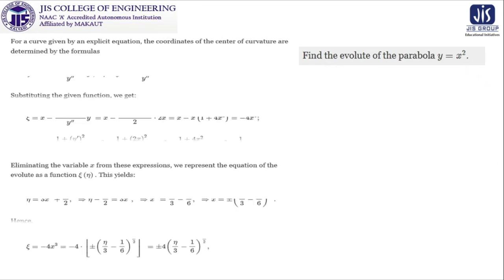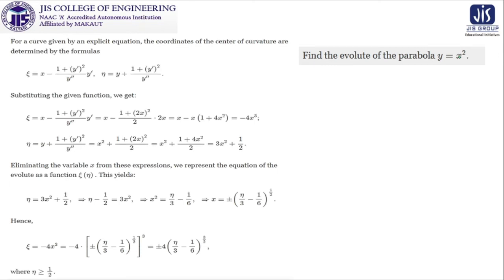So let us check. Our job is to find out the evolute of the parabola y equal to x square. So it is in y equal to f(x) form. Now, this formula is already discussed, that this is the formula for eta and neta.